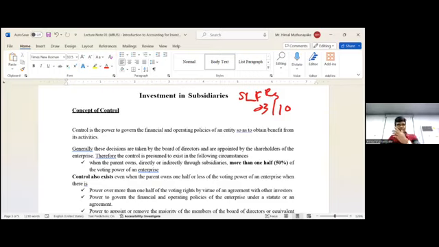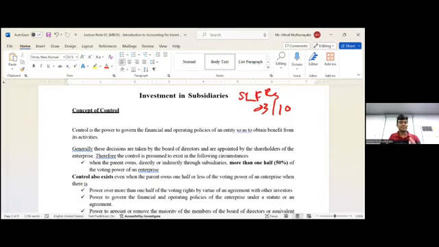When we learned the associate, we learned that if there is significant influence, we call it an associate. But when it comes to the subsidiary, we are learning the concept of control. With an associate, we only have the power to participate in the decisions, the financial and other policy making decisions.